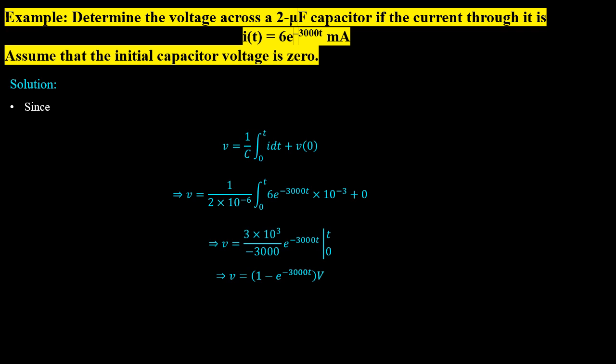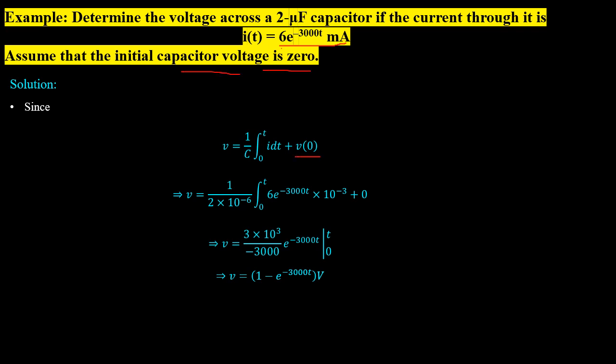Now in the next example, we have to find the voltage across a 2 microfarad capacitor if the current flowing through the capacitor is given by 6 e to the power minus 3000 t milliamperes. Also assume that the initial voltage stored on the capacitor is 0.